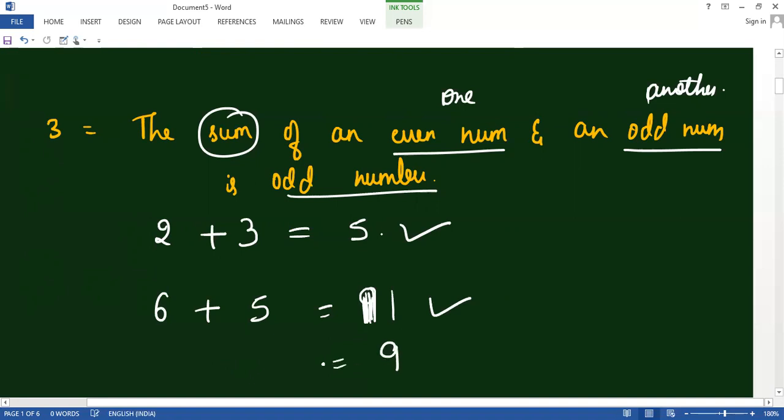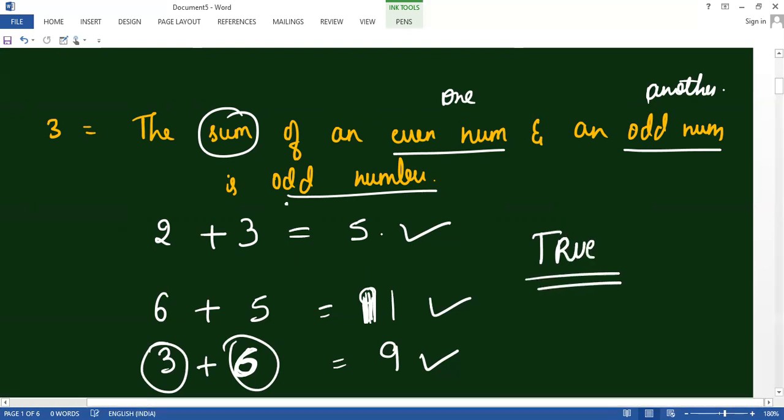And 9 comes when you add 3 with any other number, that is 3 plus 6, 6, 7, 8, 9. So this also becomes a 9. That is the odd number and even number. So this statement is true. So this completes the exercise of 3B of whole numbers.